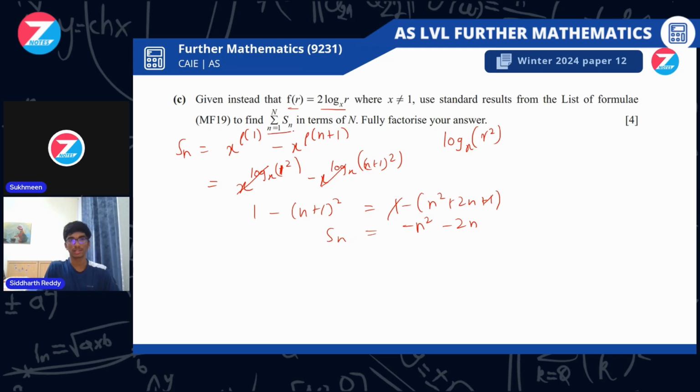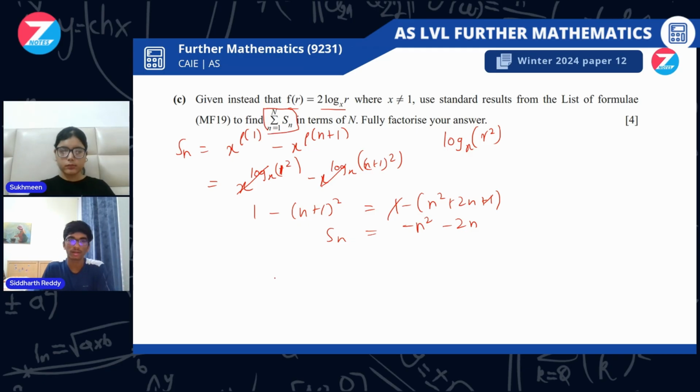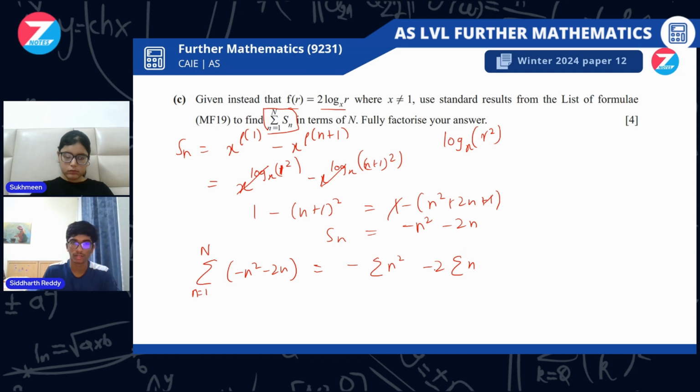But they're again asking what is the sum of Sn from n is equal to 1 to n. So you have to take the sum from r is equal to 1 to n of minus n square minus 2n. Okay, so this is going to be equal to minus the sum of n square minus 2 the sum of n. And if you check the formula MF19, they give the value of the sum of squares.